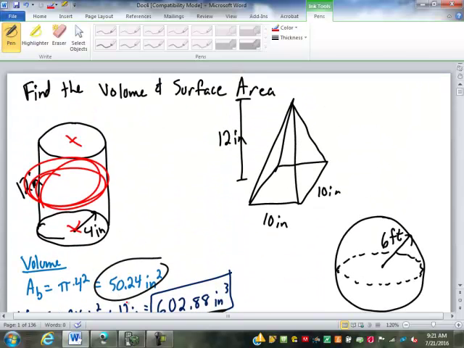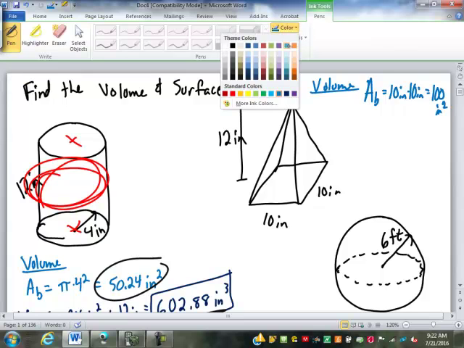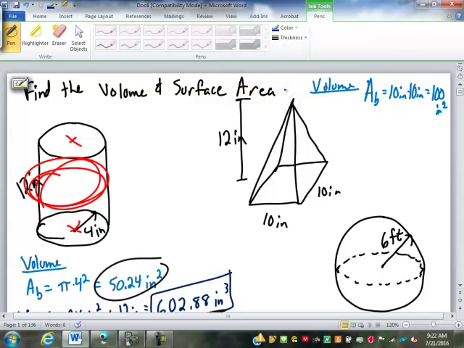Now the second one's a little bit different. It is a pyramid. We still start out finding volume by finding the area of the base. Now this is a 10-inch base here, so our area of our base is 10 inches by 10 inches, or 100 square inches. So that's the area of our base.